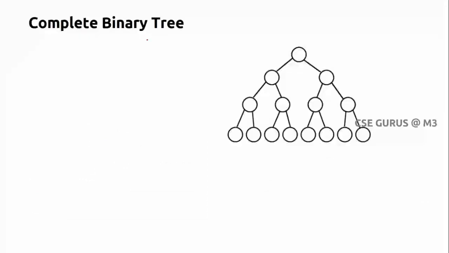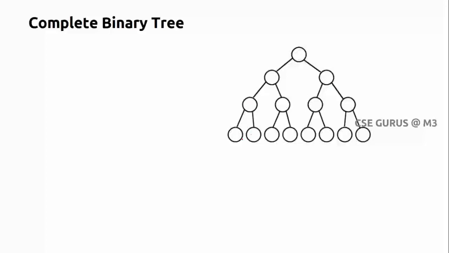We know about trees: a tree has nodes, and nodes are connected with branches. A binary tree means for every node you have at most 2 children, right? If you take this one, 2 children, and this one, 2 children, like this, 2 children at most.